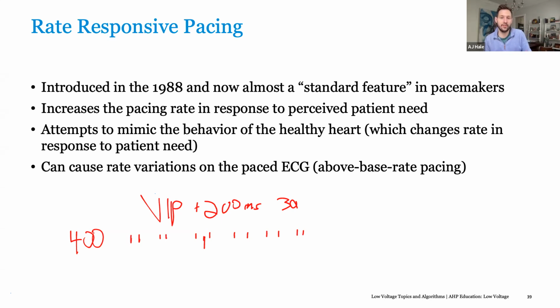Maybe don't give them a device that has all the benefits they're not going to use, and save that for the patient who will use it. Same thing with that VDD lead. If we know we're going to pace in the atrium, then we're going to put an atrial lead in. So I don't envy the added steps in your decision-making process, but it's definitely something to keep in mind when selecting devices.